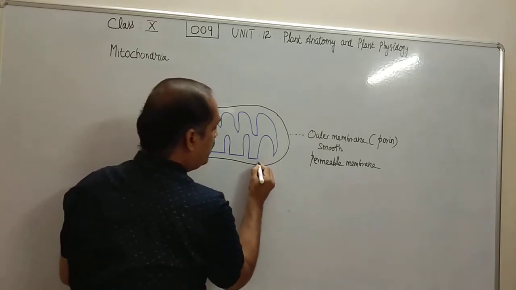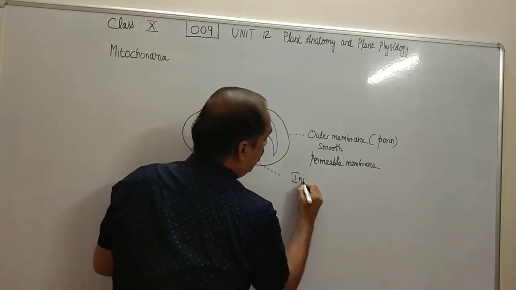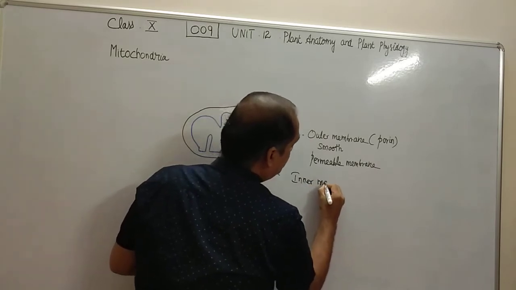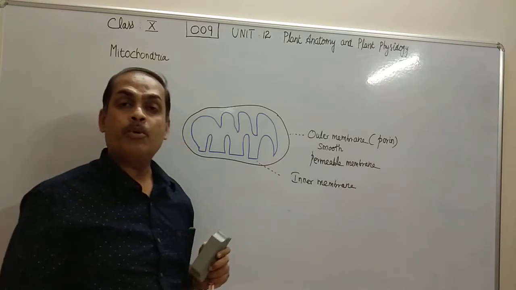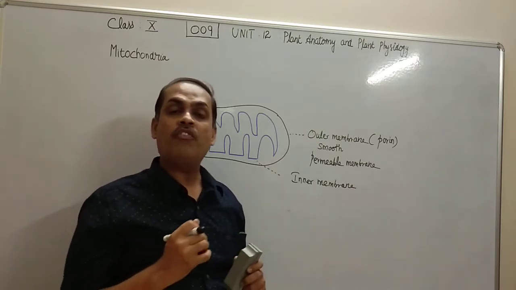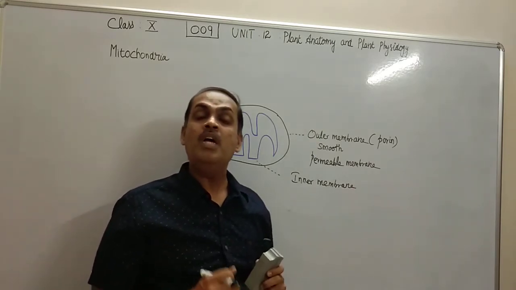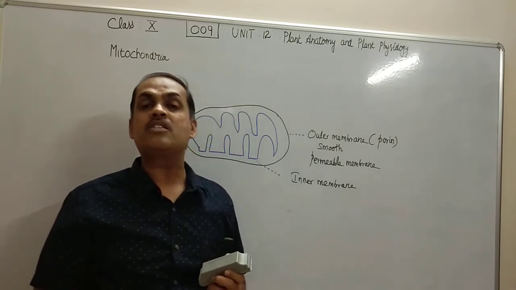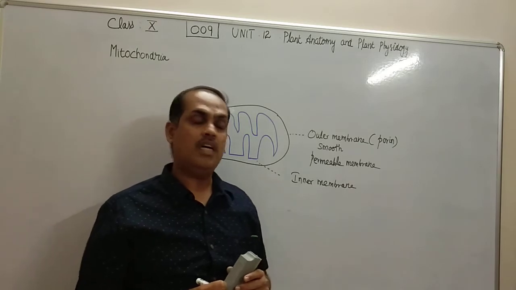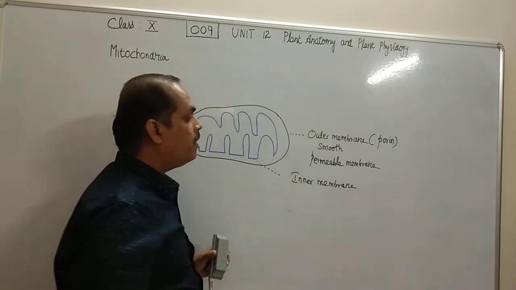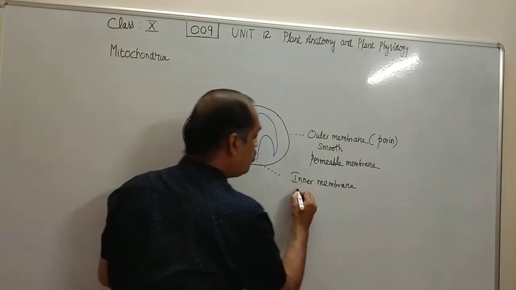The inner membrane of the mitochondria is rich in protein. Nearly 80% of the inner membrane is made up of protein, but it is not a smooth layer. It has got a number of folds, finger-like projections called crista, and it is made up of 80% protein.